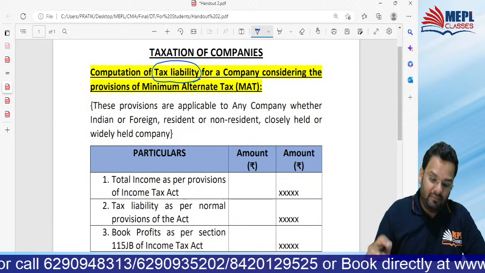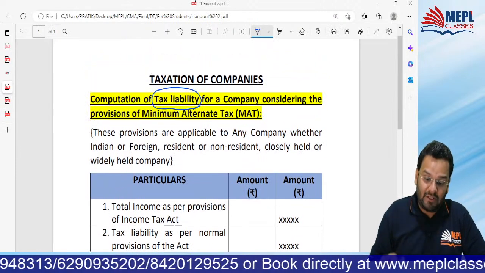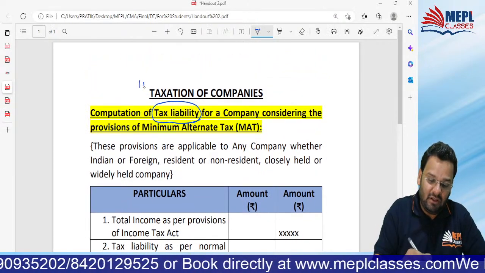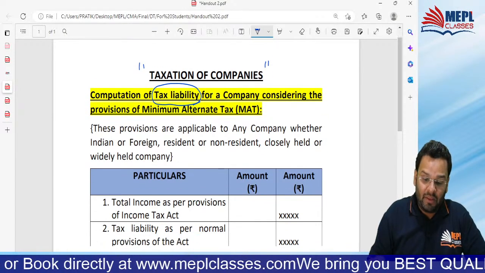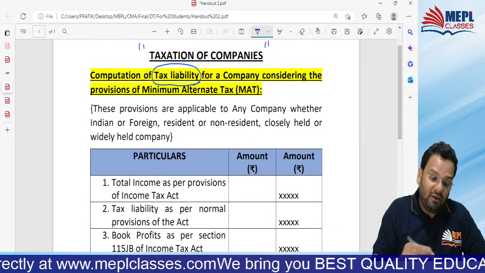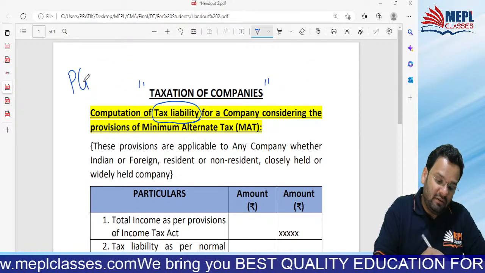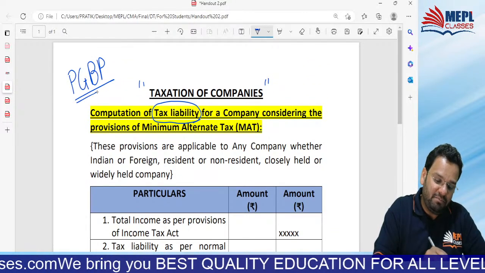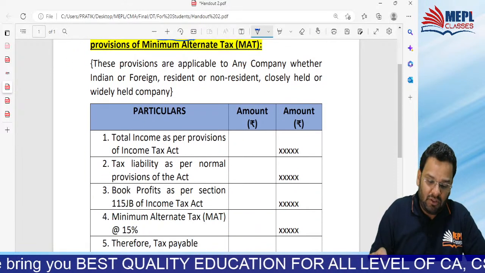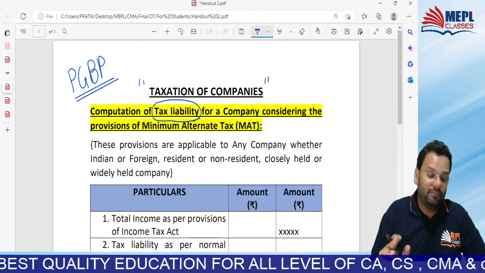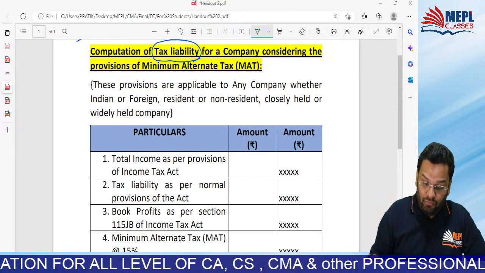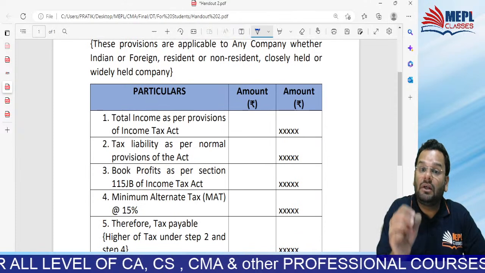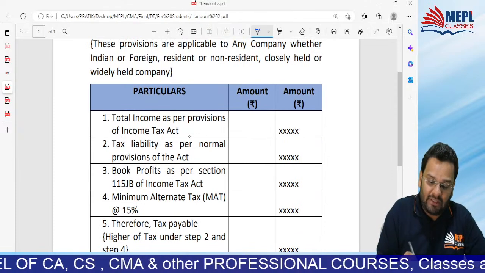Going ahead, in taxation of companies, we will see what all the types of companies are tomorrow. But why did we learn PGBP? Why did we refresh PGBP? Because we wanted to calculate tax for a company. While calculating tax for a company, the first point is total income as per the provisions of the Income Tax Act.